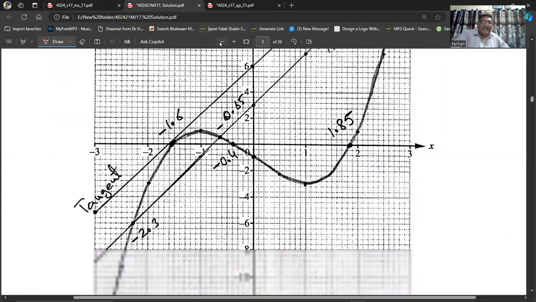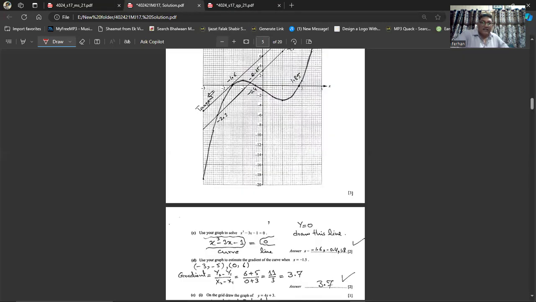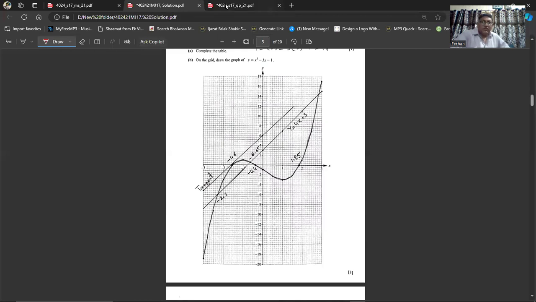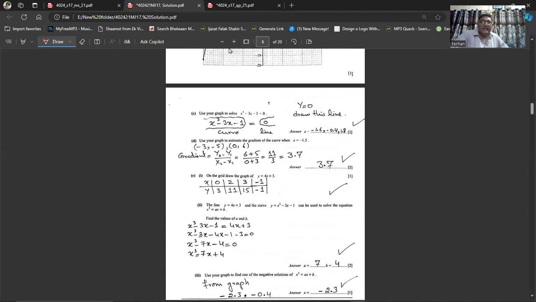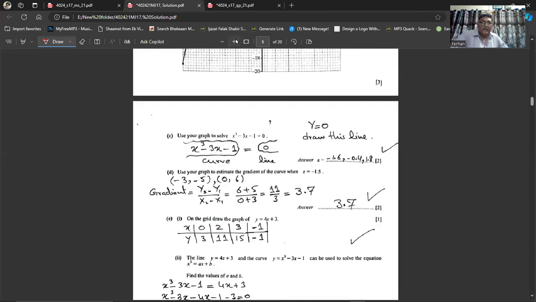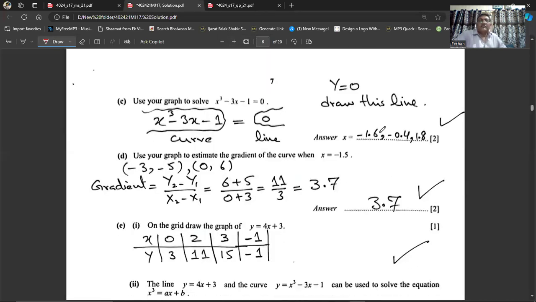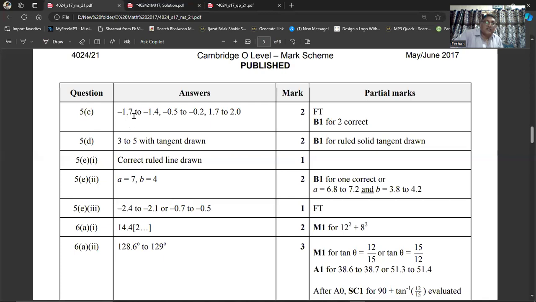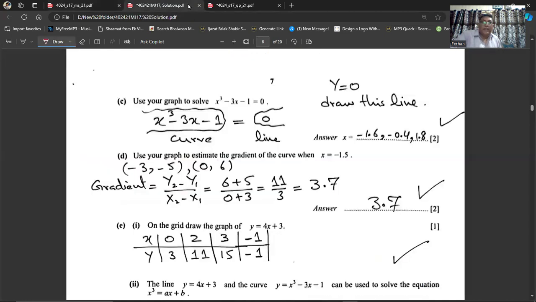So this is my answer. I have written this answer here. So the answer is minus 1.6, minus 0.4, and 1.8. This is right, our answers are in these ranges.